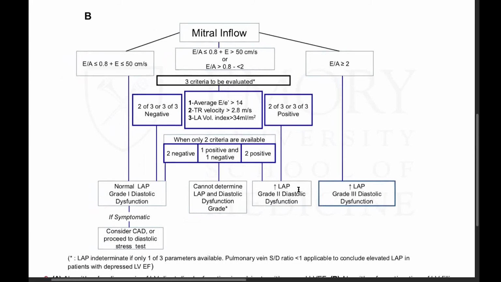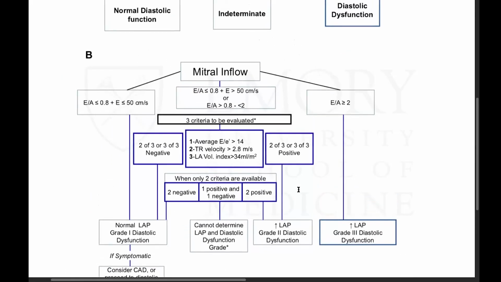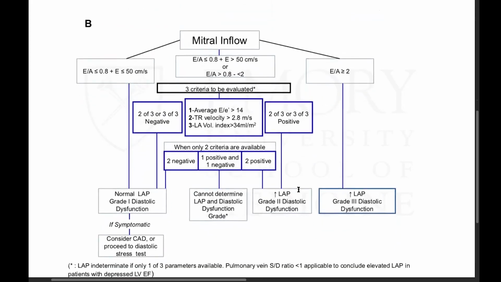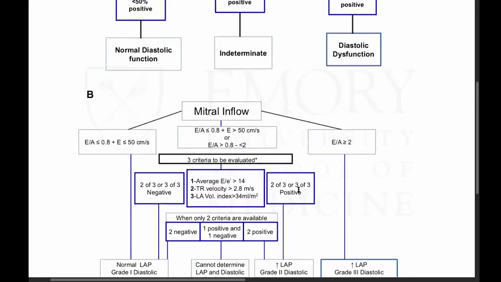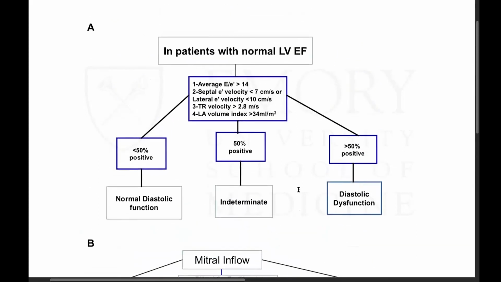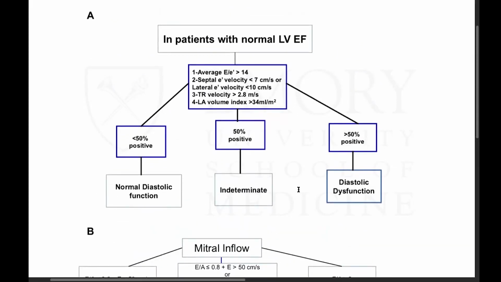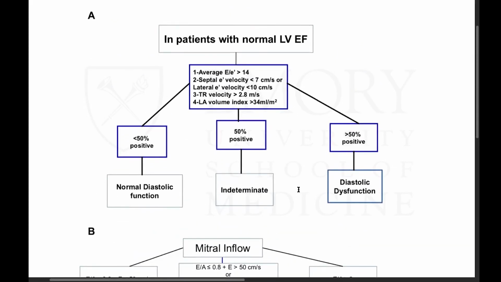Hopefully the talk that we just gave gives you the foundation to go through this algorithm pretty quickly. And then in terms of patients with normal ejection fraction, the mitral inflow in these guidelines is not as important. What's more important is looking at the E to E prime ratio, more than 14, and you want to look at your septal and lateral E prime numbers. 7 and 10 are the numbers to remember.